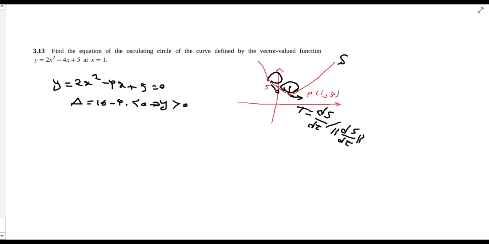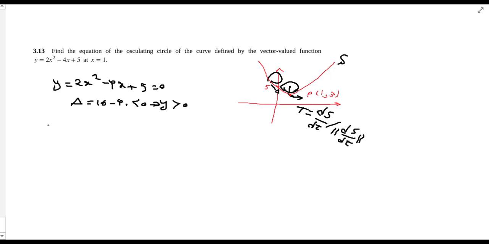So this is the tangent vector at the point P, and how much it changes over s, the arc length of this curve, is the curvature.